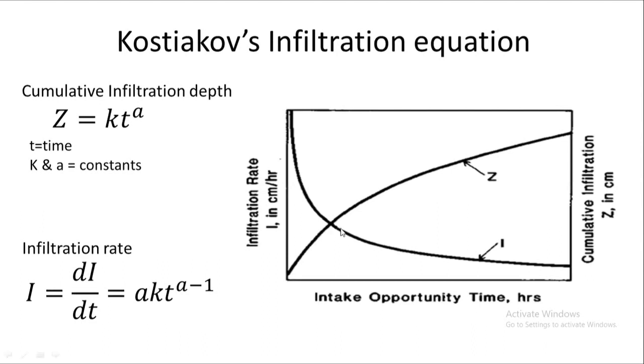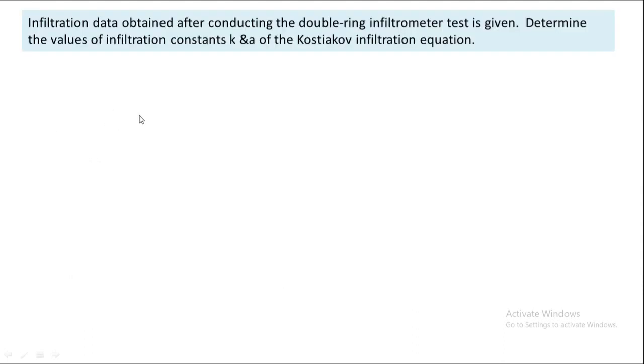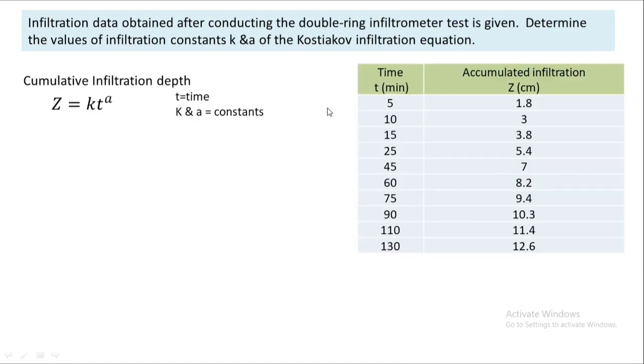We will be using Kostiakov's infiltration equation of this form, and we will determine constants K and A in this problem. Now, infiltration data obtained after conducting the double ring infiltrometer test is given. Determine the values of infiltration constants K and A of the Kostiakov's infiltration equation.